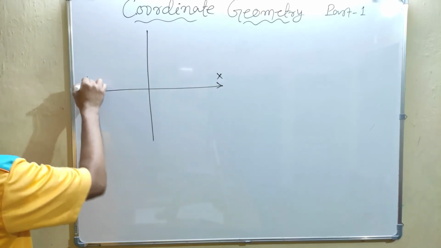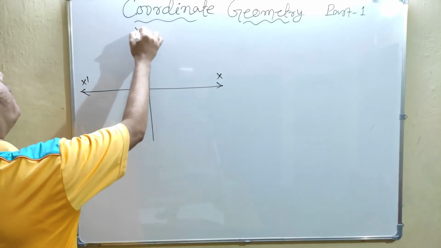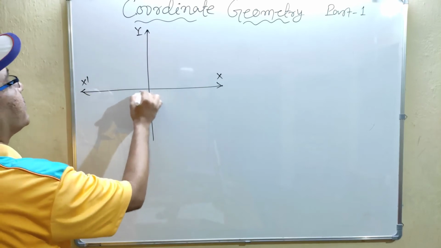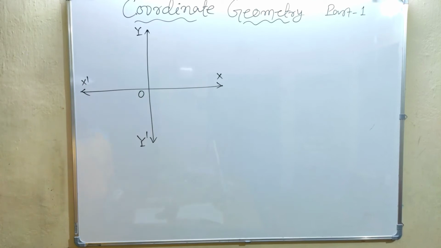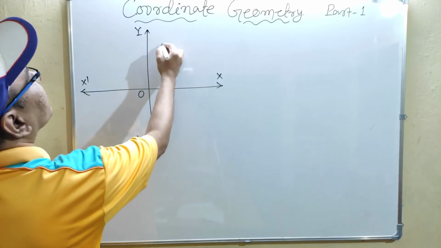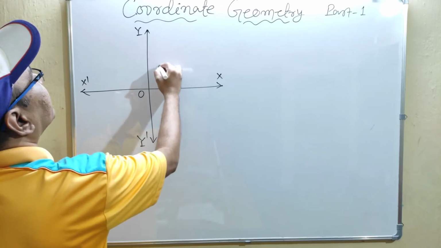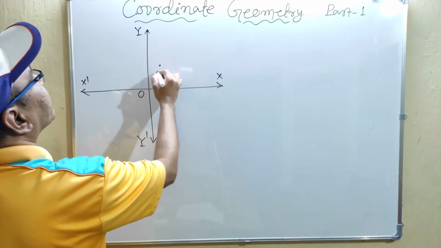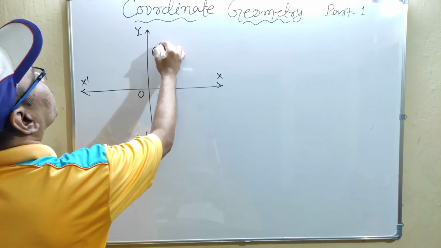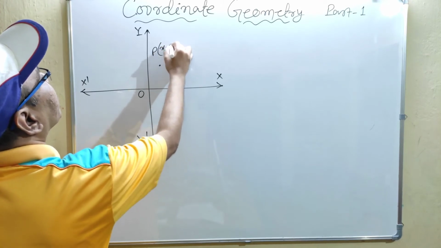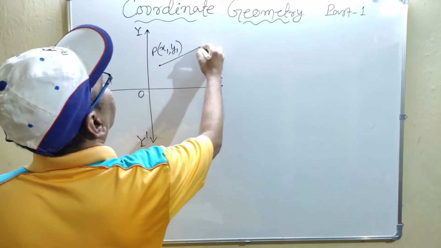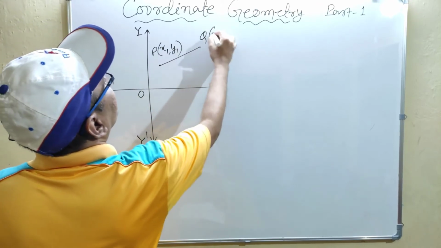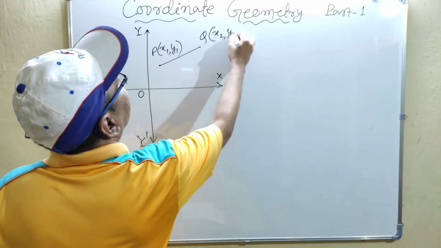XOX' and YOY' are the x and y axes respectively, and two points are here. Suppose one point is P, whose coordinates are (x1, y1), and there is another point, Q, whose coordinates are (x2, y2).